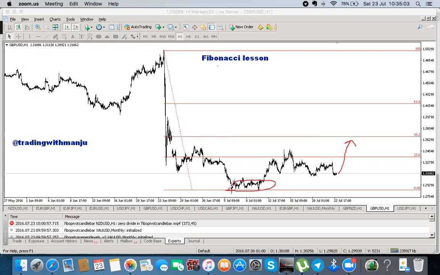has tested once. This is a potential support zone for us. The market hasn't tested this zone yet. So what's going to happen is, this is where we understand double tops and double bottoms.